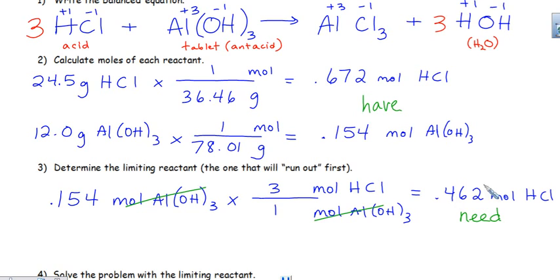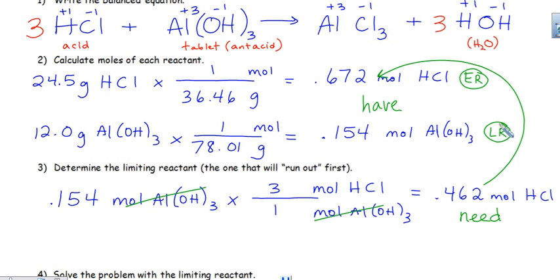I need 0.462. Oh gosh, I have more than that. I have 0.67 something. I have extra. So the HCl is my excess reactant. Which then by process of elimination, the aluminum hydroxide is my limiting reactant.